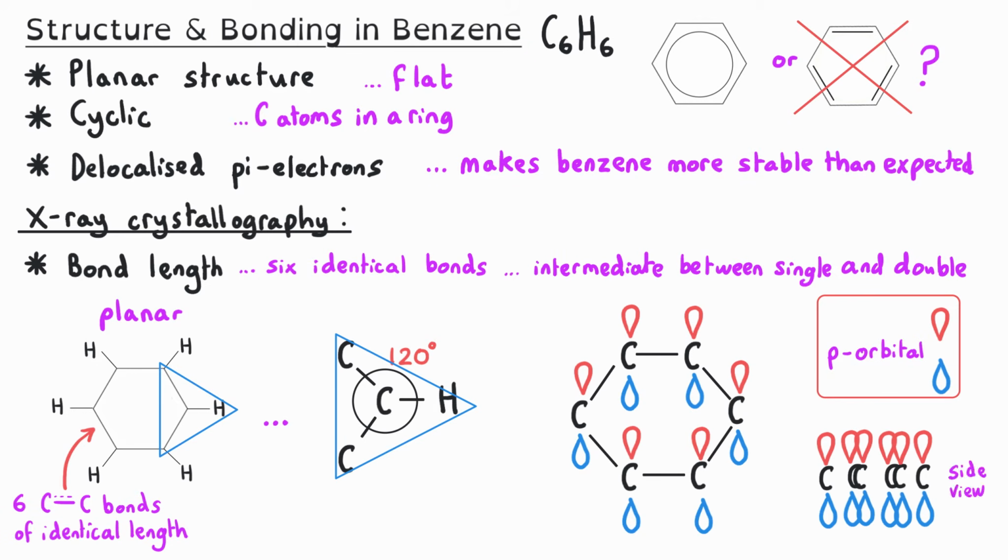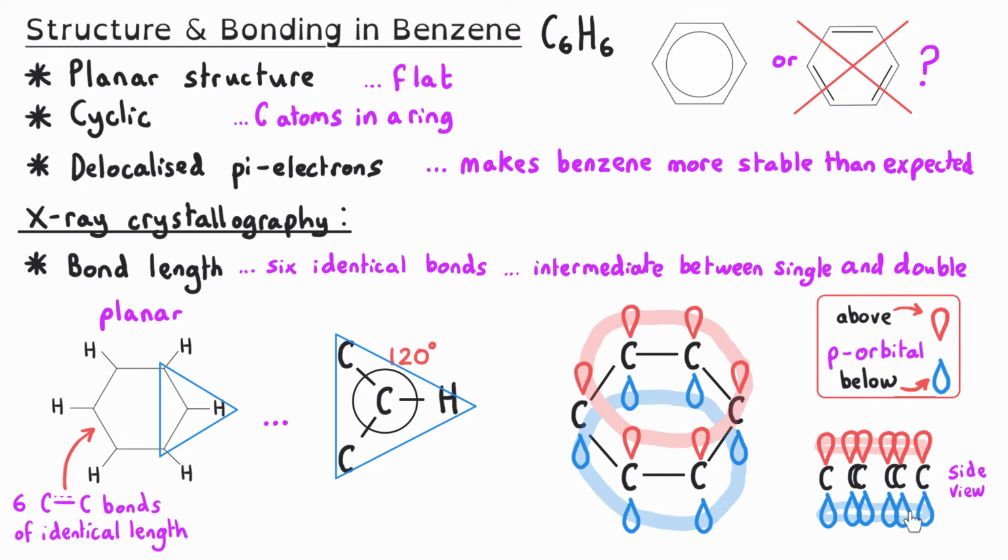Since the benzene molecule is a flat molecule, all 6 of these p orbitals are perpendicular to the plane of the ring. These p orbitals then overlap side by side, creating a continuous electron cloud above and below the ring.